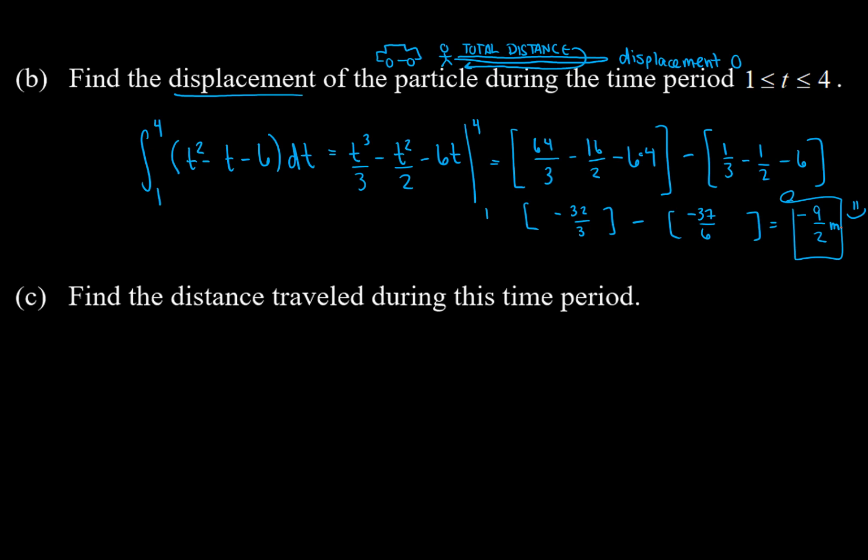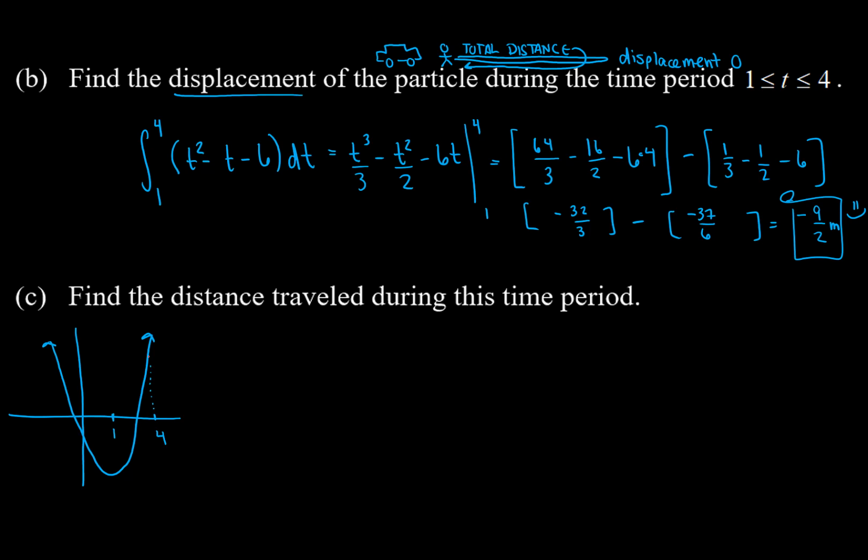All right, now distance traveled during this time period. We're going from 1 to 4, and I'm going to take another peek. Just imagine, here's the velocity function. Here's 1. Here's 4.